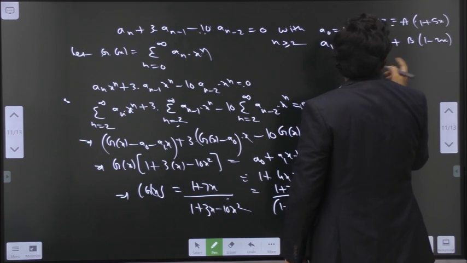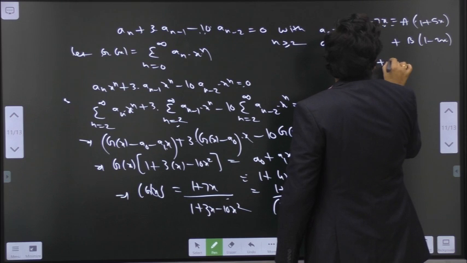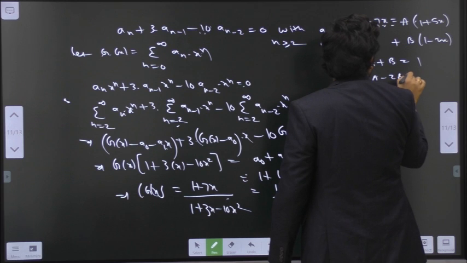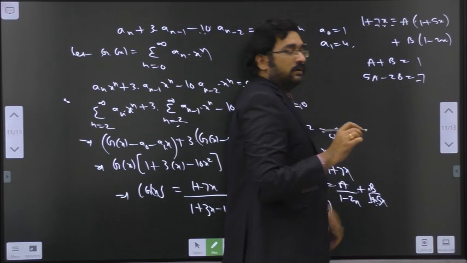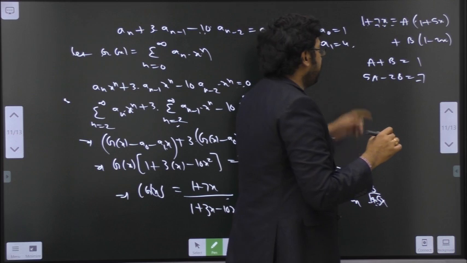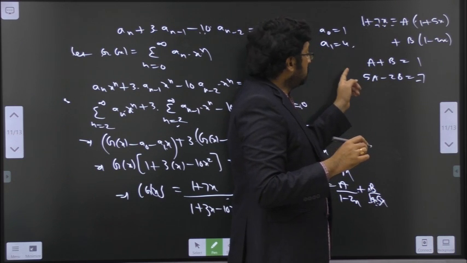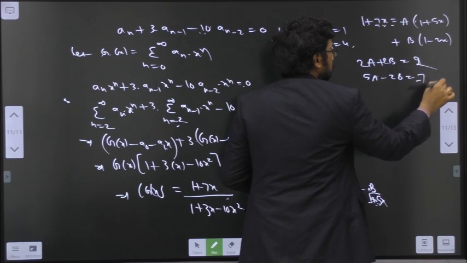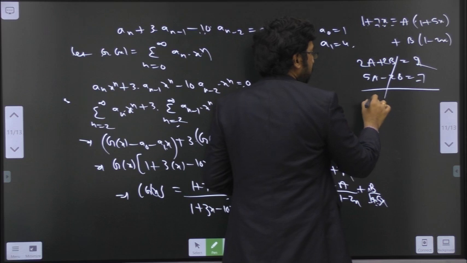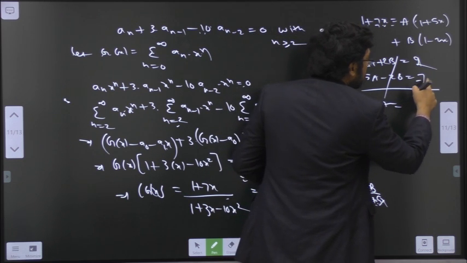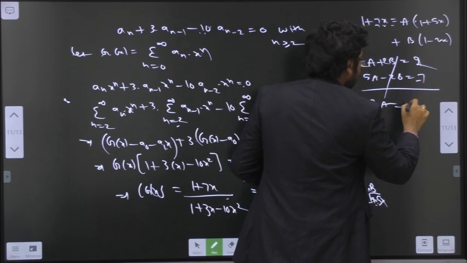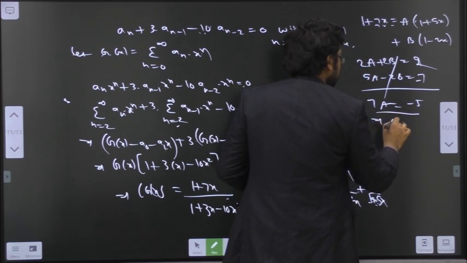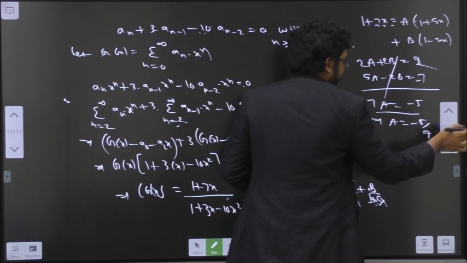Comparing constant terms and x coefficients on both sides, we will get a plus b equal to 1, 5a minus 2b equal 7. On solving, you have to solve a and b. So first multiply first equation with 2. So we will get 2a plus 2b equal 2. Now if you subtract, we will get 7a equal to 2 minus 7, minus 5. That implies a equal to minus 5 by 7.